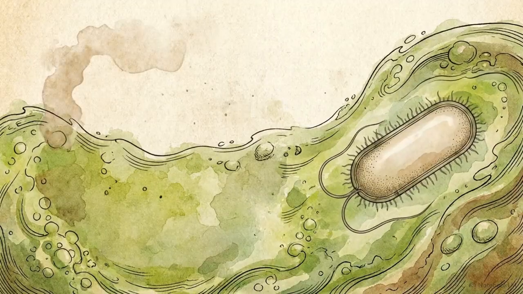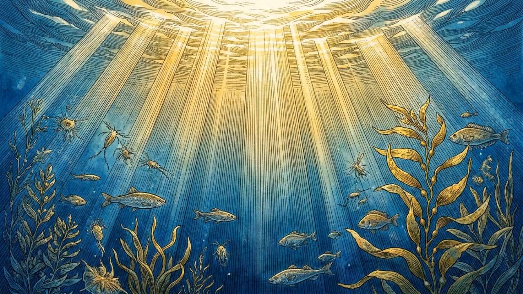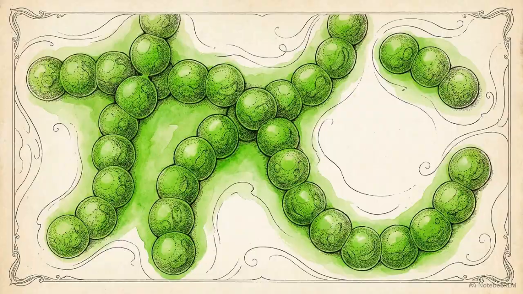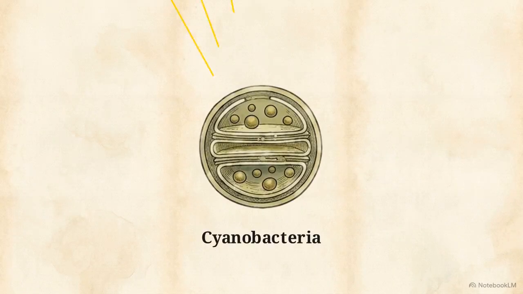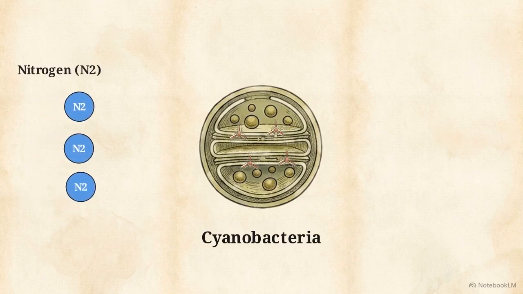Archaea bacteria demonstrate that the basic prokaryotic model provides absolute physical durability, surviving chemical extremes that instantly destroy eukaryotic tissue. Outside of extreme chemical stressors, survival depends on capturing ambient energy and processing the surrounding atmosphere. This function belongs to a second group, cyanobacteria. Historically referred to as blue-green algae, they are not plants, but fully functional prokaryotes. They utilize an autotrophic model, drawing in sunlight to perform large-scale photosynthesis.